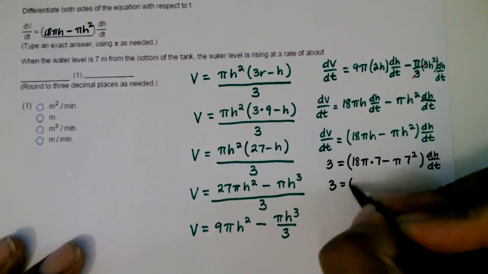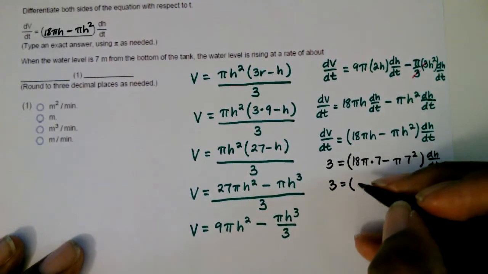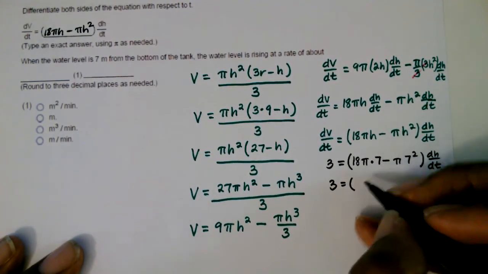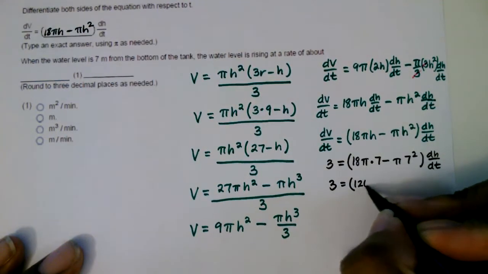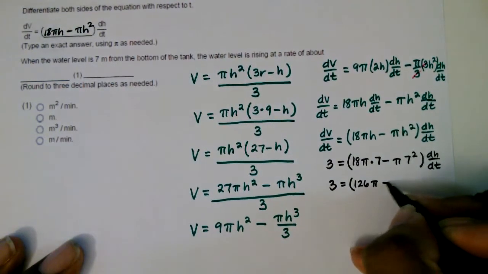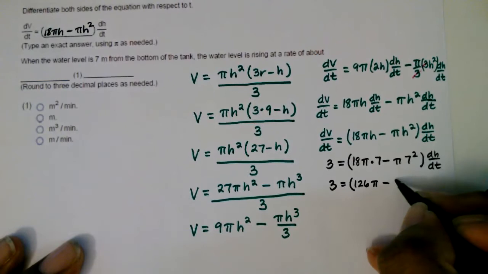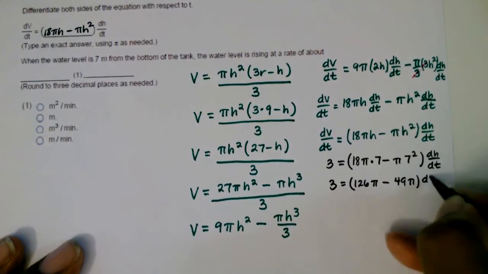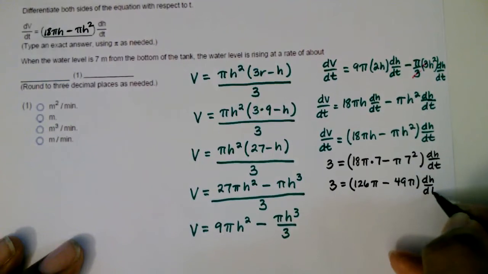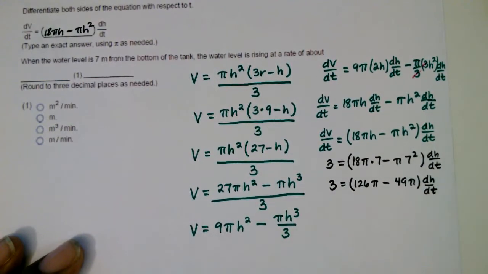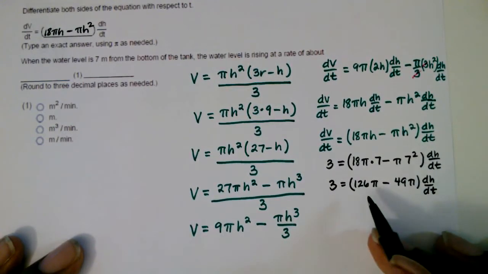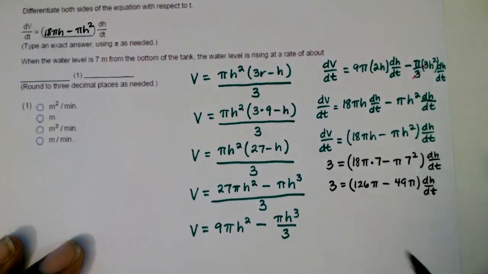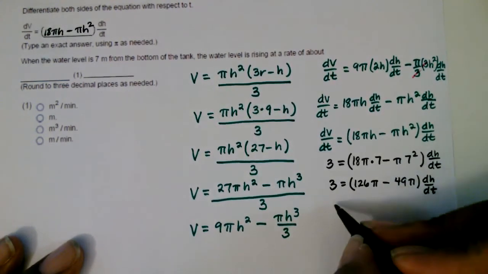So I got 3 is equal to 18 pi times 7. Well, 18 times 7 is 126. So that'll be 126 pi minus 7 squared is 49 times pi would be 49 pi times dh/dt. Subtract 49 pi from 126 pi, you'll get 77 pi.